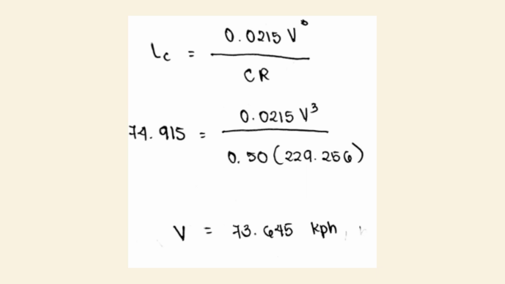Next, for the velocity, we'll use the same formula. We have L is equal to 0.0215 v cubed over c multiplied by R. Substituting the values, we have 74.915 equals 0.0215 v cubed divided by 0.15 multiplied by 229.256.